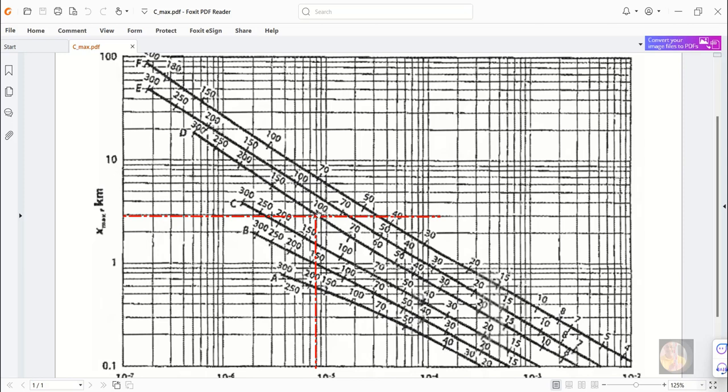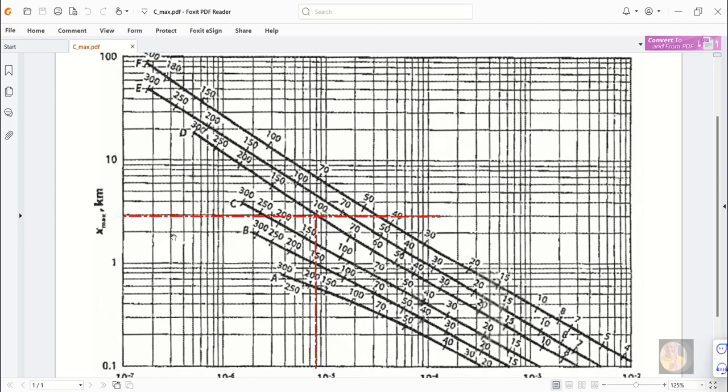But in our case, we have an atmospheric class D. We have an effective stack height of 10 meters. So when you project this here and here, you have about 2 kilometers. Okay. So this is almost 3 kilometers. So you have almost x equal to 3,000 meters.